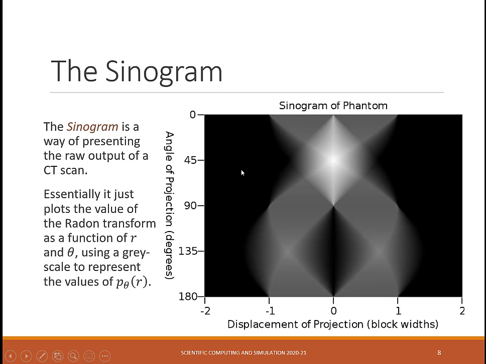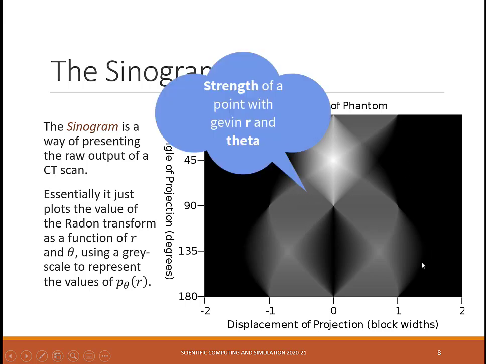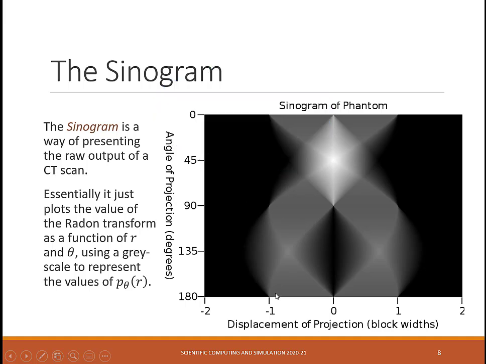Each point in the image determines the strength of a given X-ray beam with specific theta and r values. Lighter regions in this image indicate larger function values for p(theta, r), while black points indicate 0.